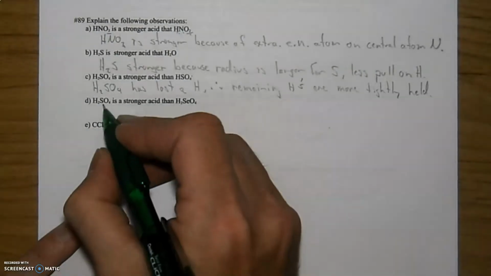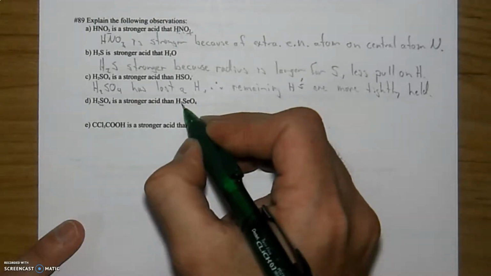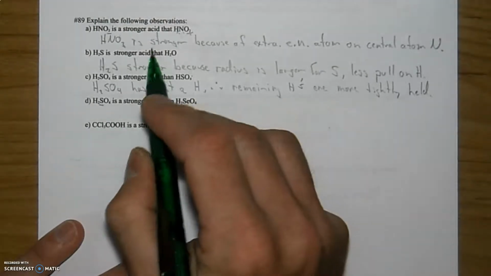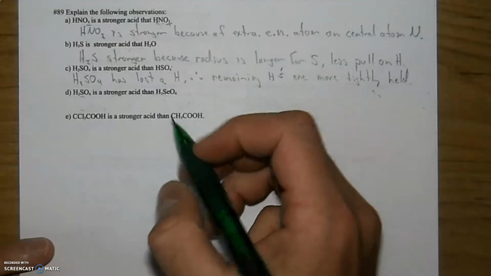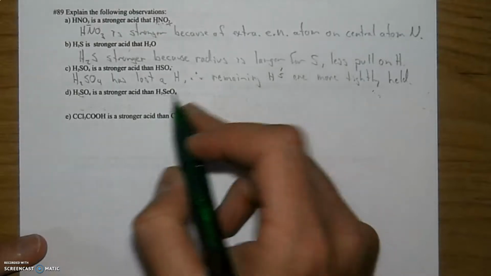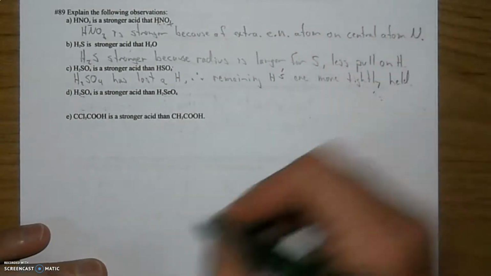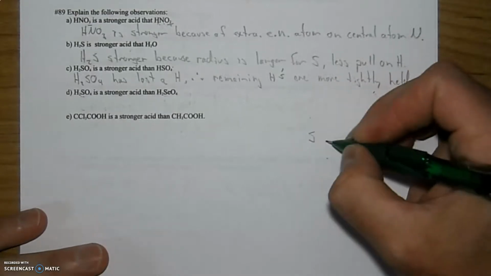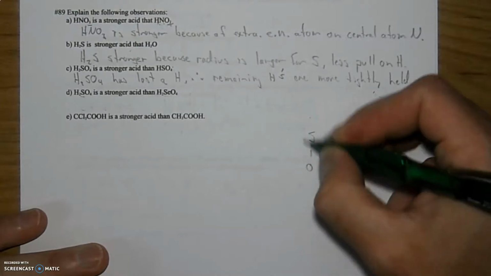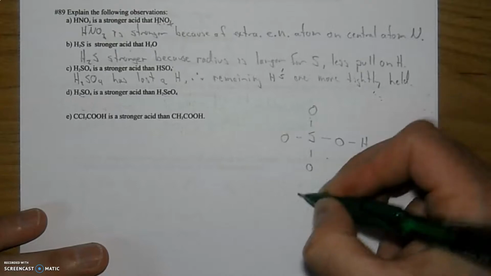For the next one, we're making the comparison. Everything looks exactly the same except for sulfur and selenium. So let's go to one we did up here in B, where selenium is lower, just below sulfur. And because of the difference in electronegativity, it's going to have an effect as far as how this actually releases hydrogens. So let me grab a space. I'll do it over here. We'll do sulfur or selenium. It doesn't really matter. Each of them is surrounded by oxygens. And this really helps as far as understanding how it is released.